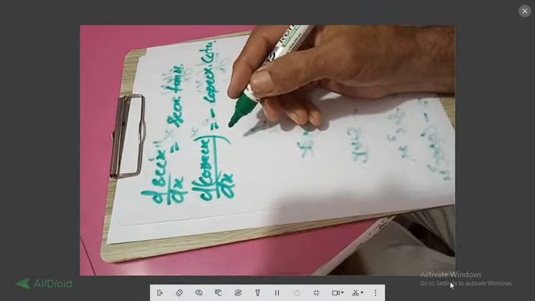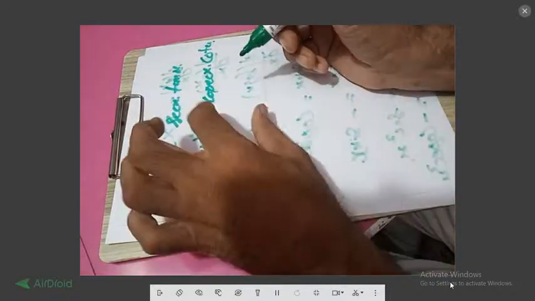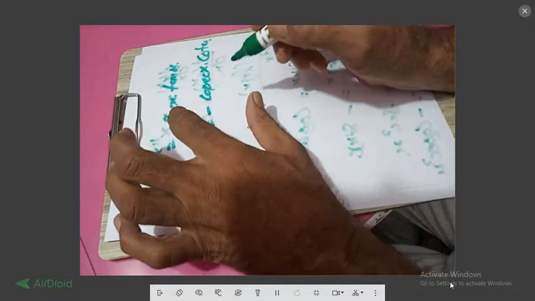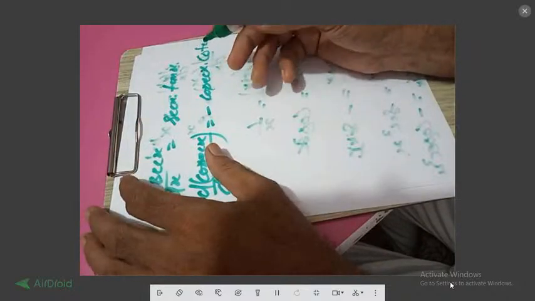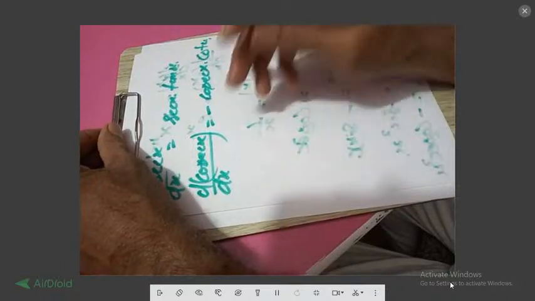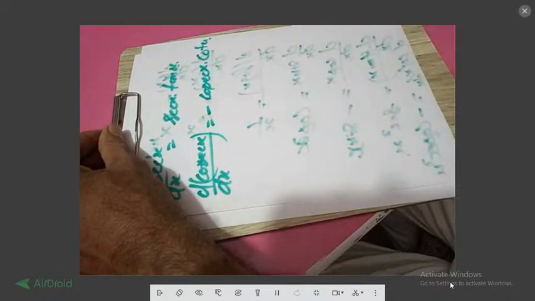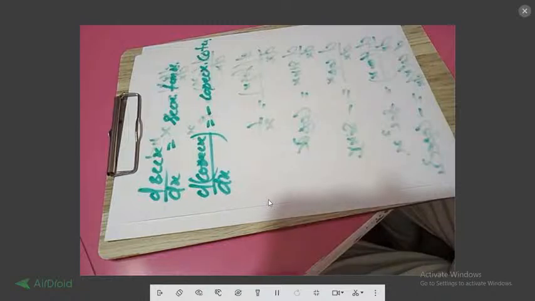These are the trigonometrical functions whose derivatives are as per this. Yesterday we completed these formulas by the first principle, and today I repeat these formulas, and we will start the exercise in the next chapter.